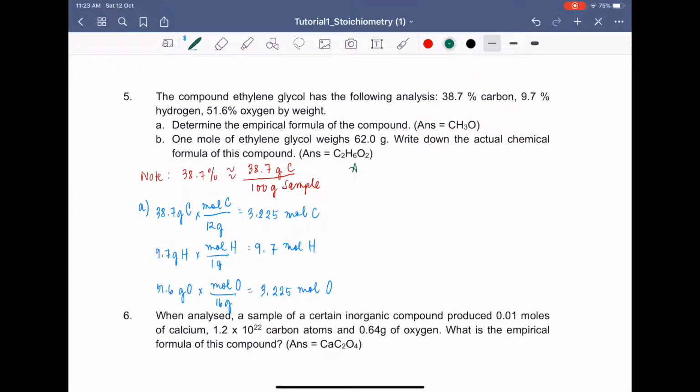So far, we have the same values for carbon and oxygen, so we can just use whichever. I've written here, choose the lowest mole and divide. So 3.225 mole is the lowest value.